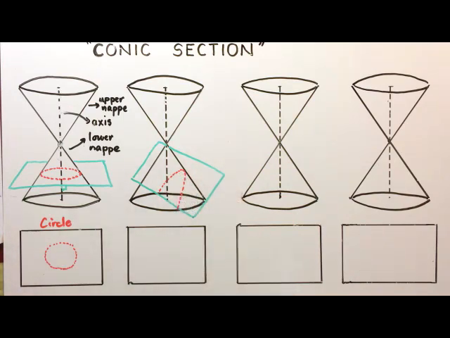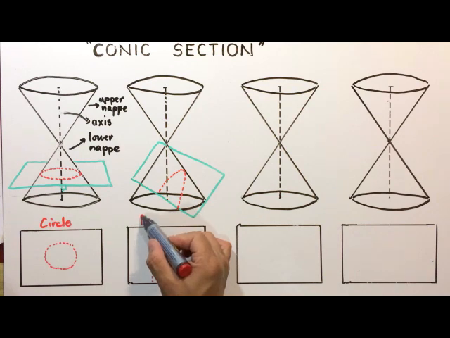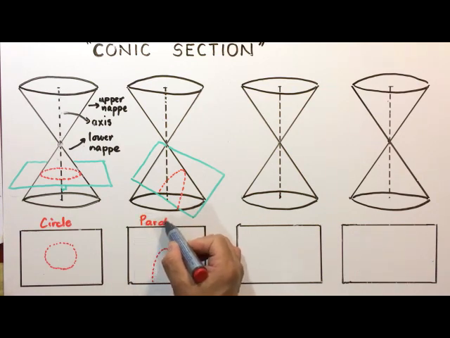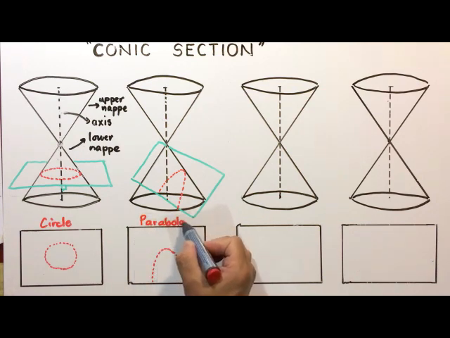So you see, that's the intersection traced by this cutting plane and the cone. If I place it here and you are at the top, you can see that the figure formed is like this. So what figure is that? That is a parabola. So that's why a parabola is called a conic section.